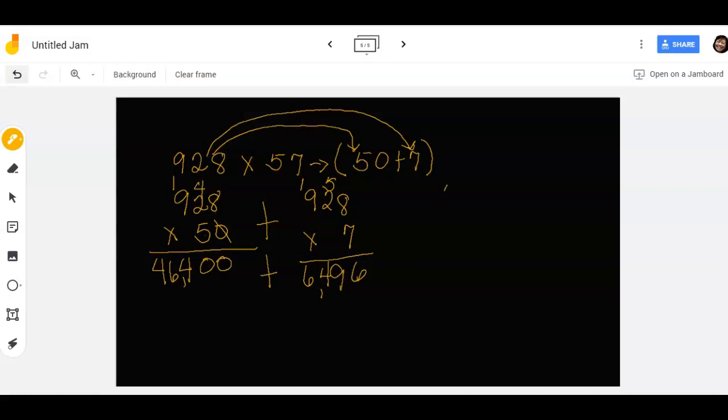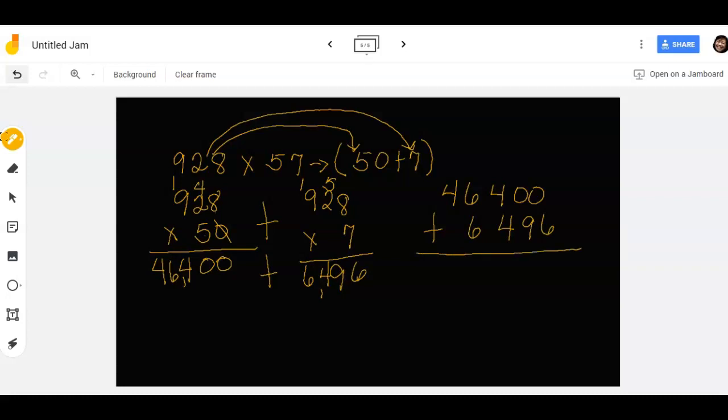The next step that I would do is add my partial products. I am going to write them down here. My first partial product is 46,400 plus my second partial product, 6,496. In writing down your numbers, make sure that your digits are in a straight line.